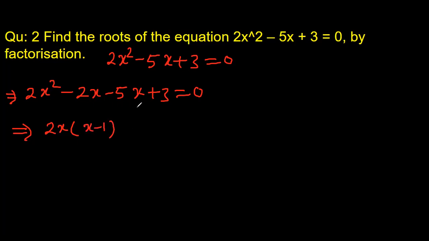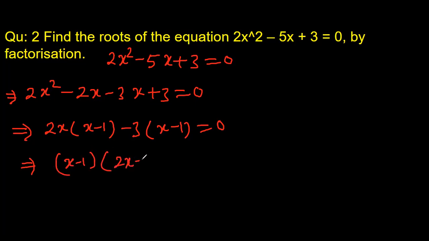Because minus 5 can be written as minus 2 minus 3, then take minus 3 common, and x minus 1 again is equal to 0. So this will imply x minus 1 times 2x minus 3.